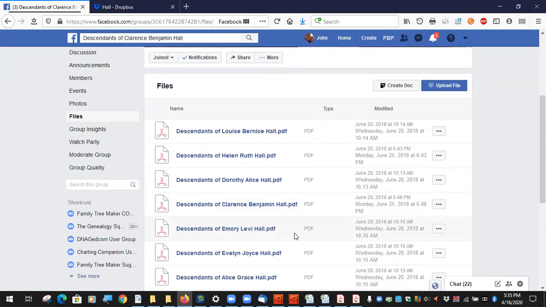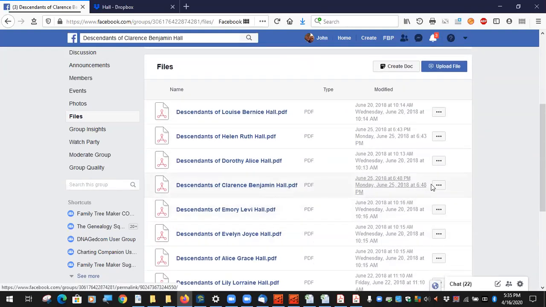Here I do the master descendants of Clarence Benjamin Hall, my great grandpa. This I do in Family Book Creator, and it's about 400-some odd pages long.